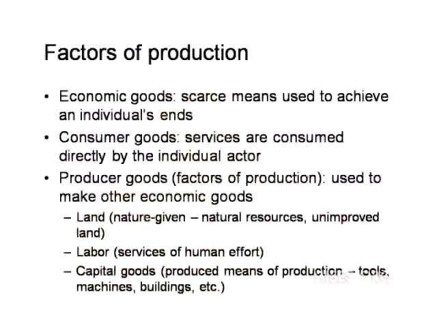And we'll talk about that distinction a little bit more later. So really, by land, we mean natural resources, unimproved land, and so on. Factors of production that we simply find around us and we don't have to go to any effort to create or discover. Labor, the services of human effort, is a producer good.